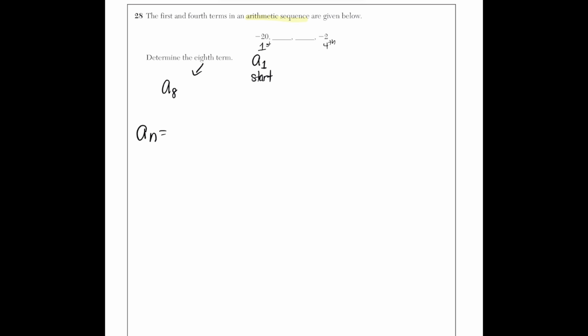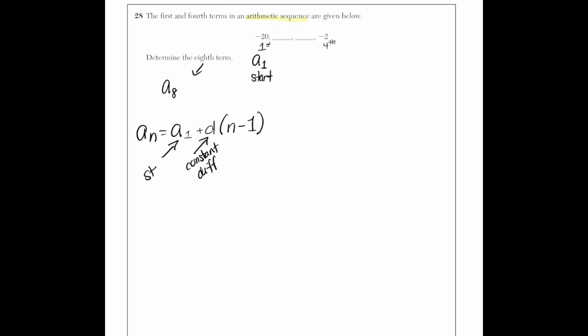a sub n is equal to, so I can find a sub any number as long as I have the first number, the starting number, plus my constant difference times the term I want minus 1. So d just means my constant difference, what I'm adding each time.